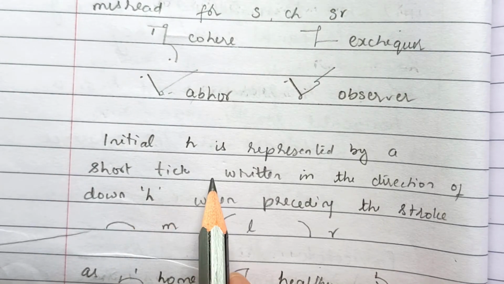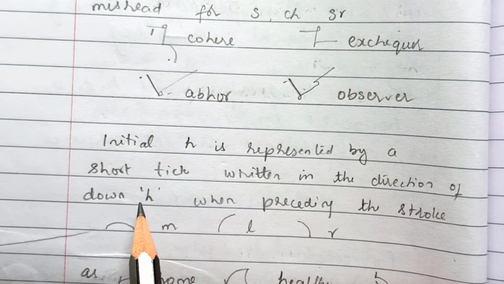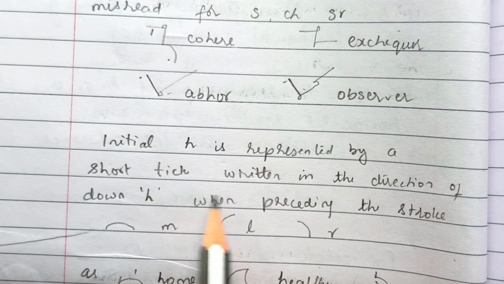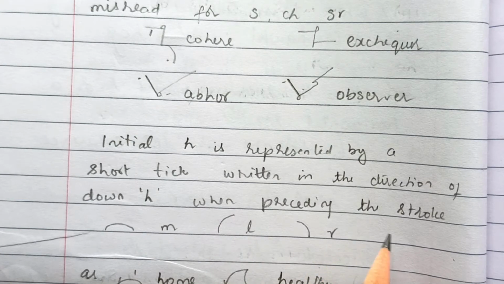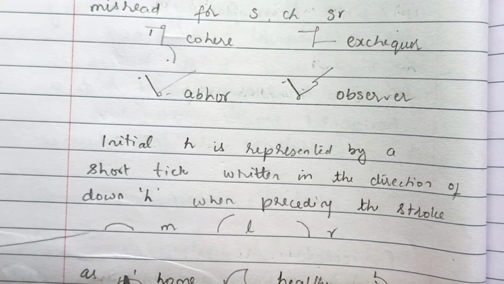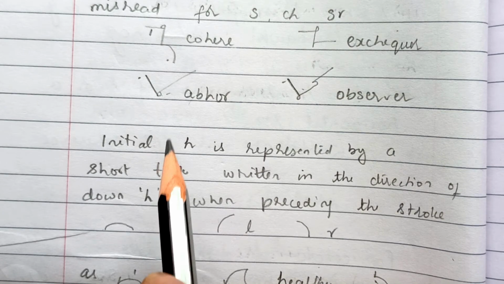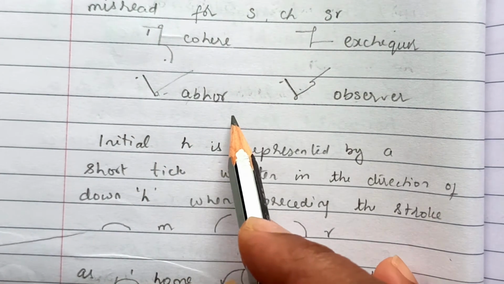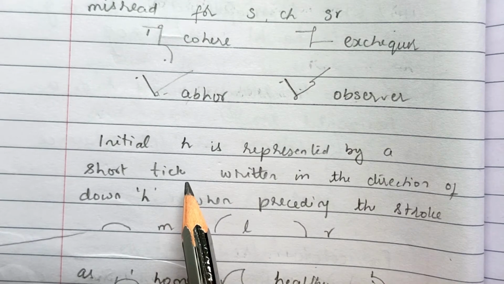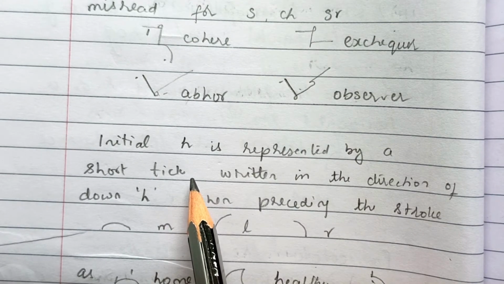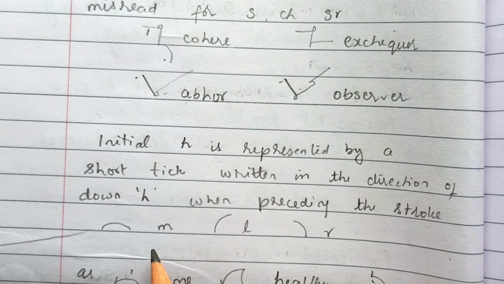And when initial H is represented by a short tick, it is written in the direction of down H when preceding the stroke. Apart from writing the H upward and downward, we can use H by writing an initial tick.